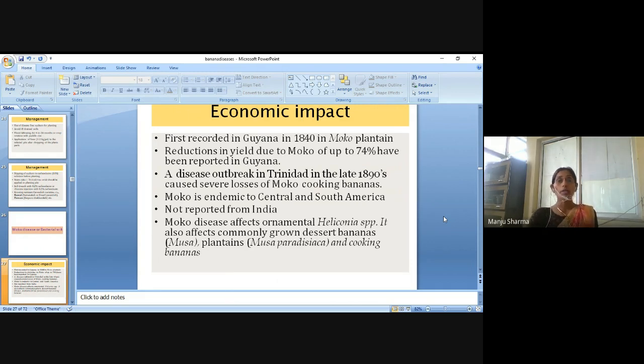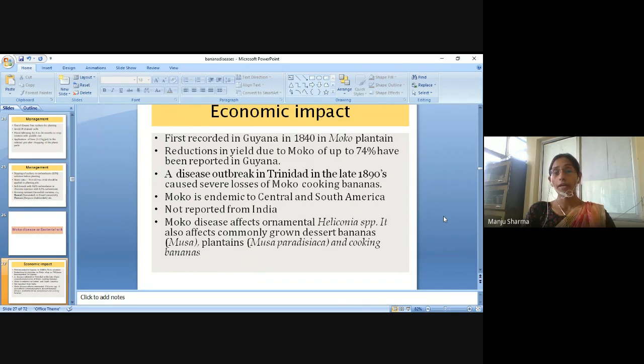A disease outbreak in Trinidad in the late 1890s caused severe losses of Moko cooking bananas. Moko is endemic to Central and South America, not reported from India.